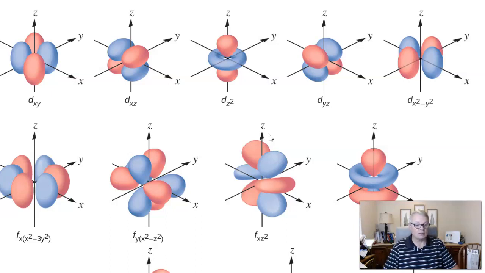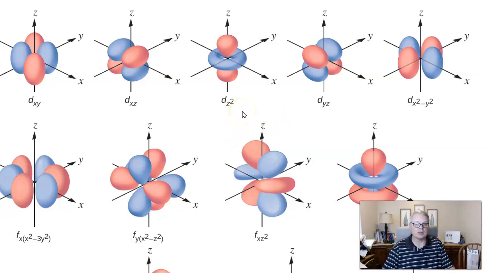Well, 7. See, 1, 3, 5, 7. See, pattern. 7 F orbitals, each containing how many electrons? 2 electrons, for a total of 7 times 2, 14 electrons in an F sublevel. See, there's a pattern here, so you can just kind of continue on from there.